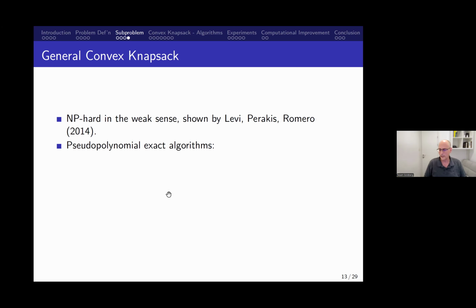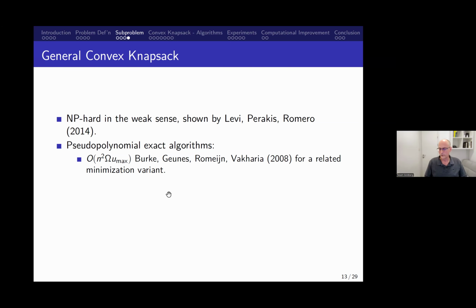Convex knapsack is shown to be NP-hard, at least weakly NP-hard, by Levy et al. In that paper, they gave a constant approximation algorithm, but in fact, there are pseudo-polynomial time algorithms as well as approximation schemes that I'll give more details about soon.